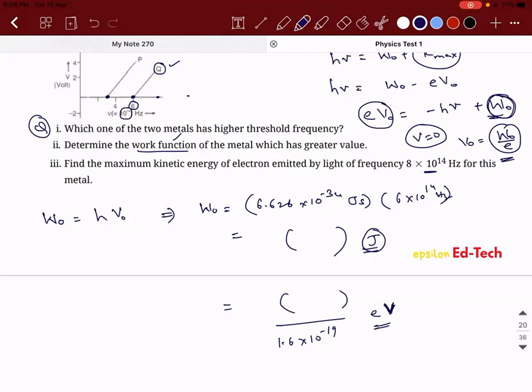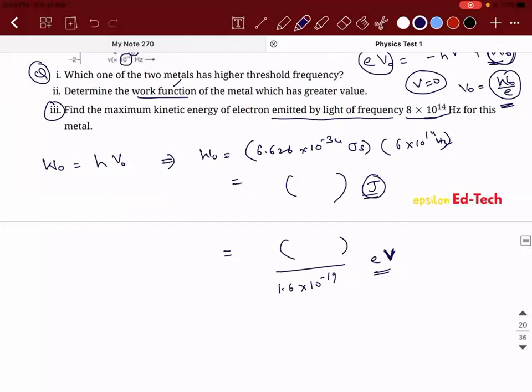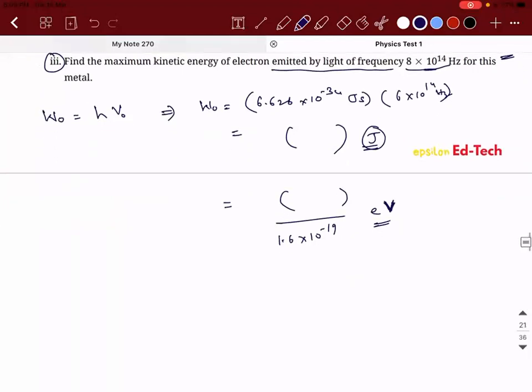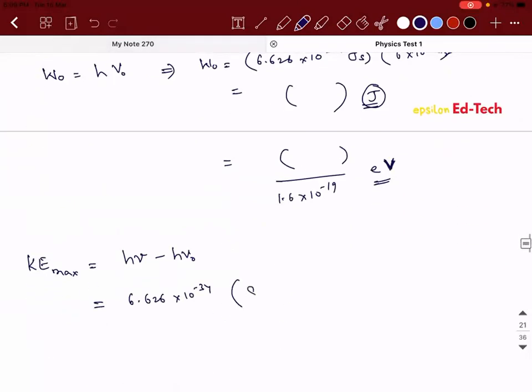Next is, find the maximum kinetic energy of electron emitted by light of frequency 8 into 10 power 14 hertz for this metal. You know the formula that Ke max is equal to h nu minus h nu naught from Einstein's photoelectric equation. If I take out h, I get 6.626 into 10 power minus 34 into the frequency of the incident light, 8 into 10 power 14, minus the threshold frequency, 6 into 10 power 14.